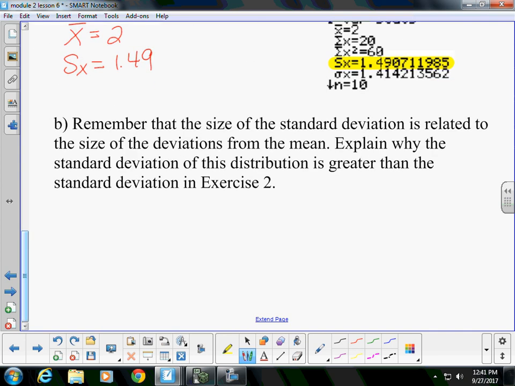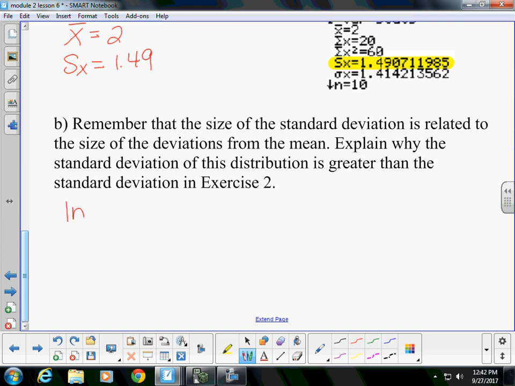Okay, let's see if I can put that in writing. It says, remember that the size of the standard deviation is related to the size of the deviations, or how far away they are from the mean. Explain why the deviations of the distribution is greater in number 2.